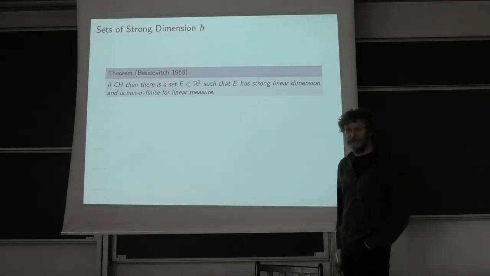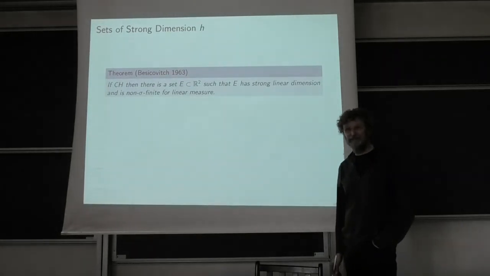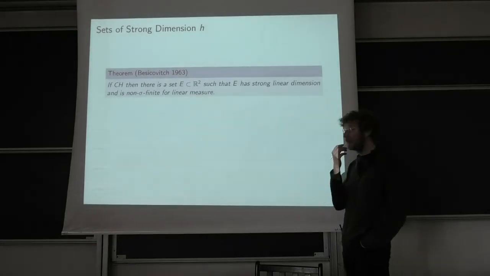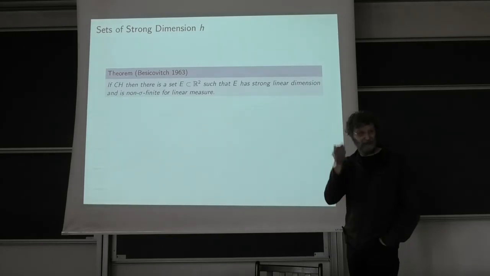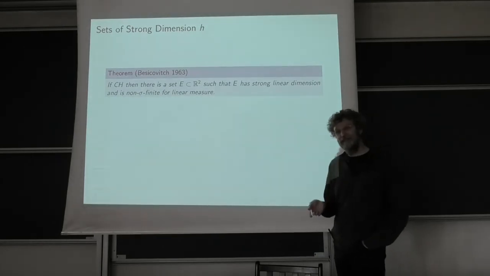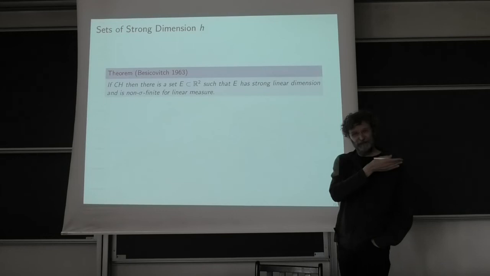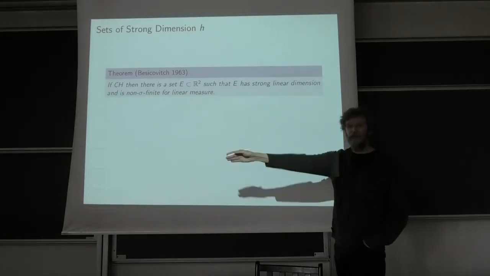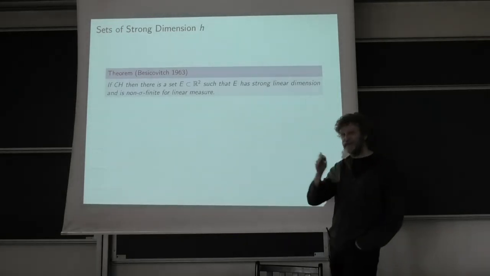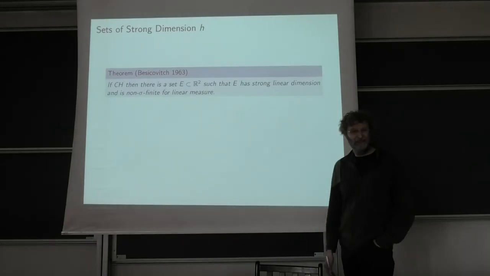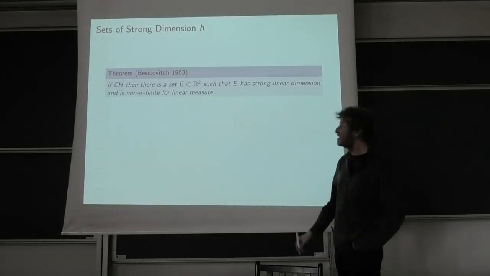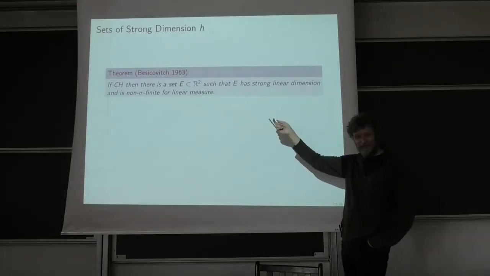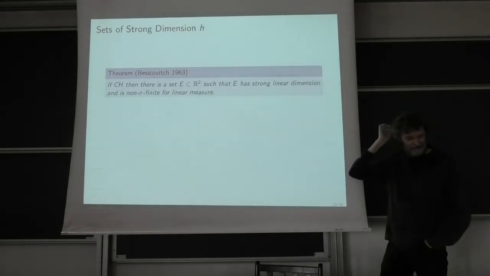And it's not sigma finite for linear measure. Okay, so he gave an example of a set that is not sigma finite at exactly its dimension. So it's really large for linear measure, but it's trivial for any function whatsoever which is to the right of linear measure, this set looks trivial. Okay. So it's an interesting construction, interesting theorem.